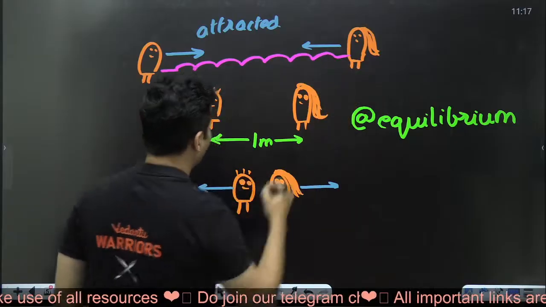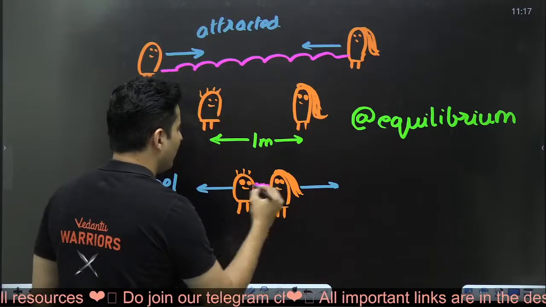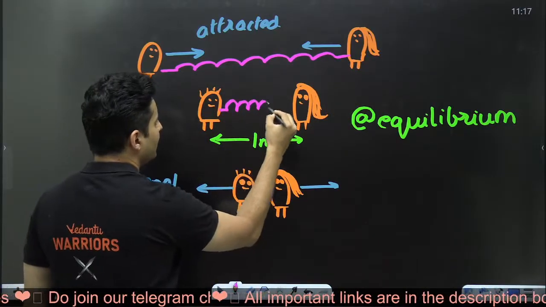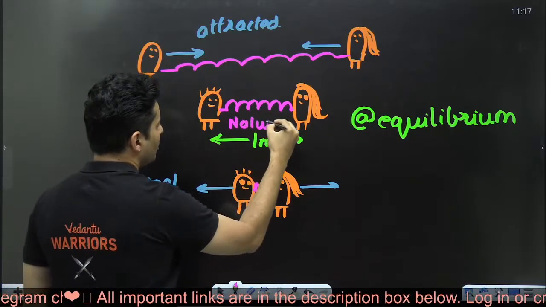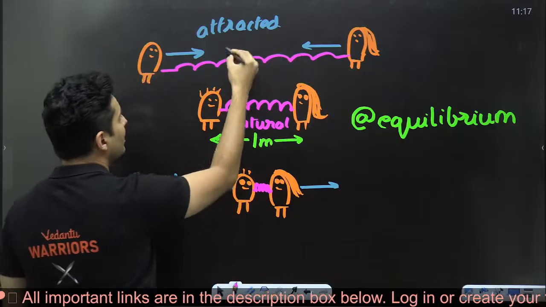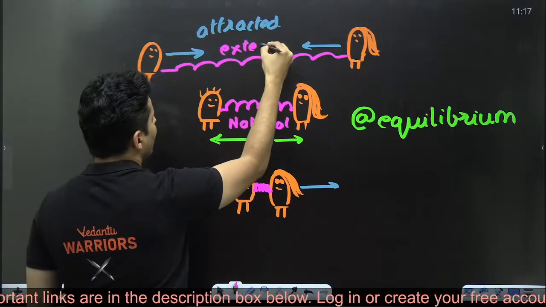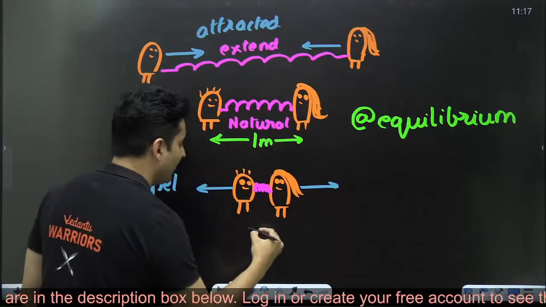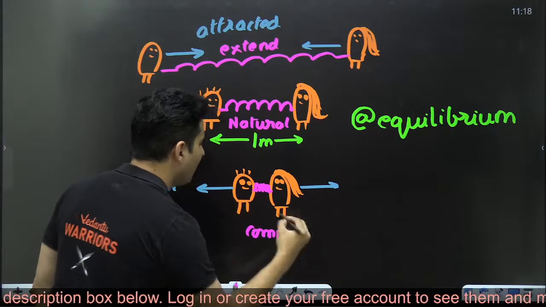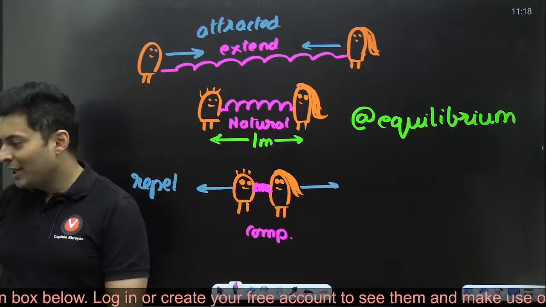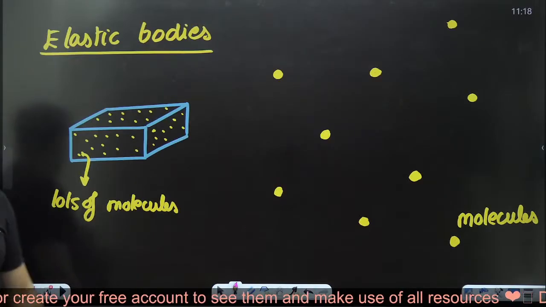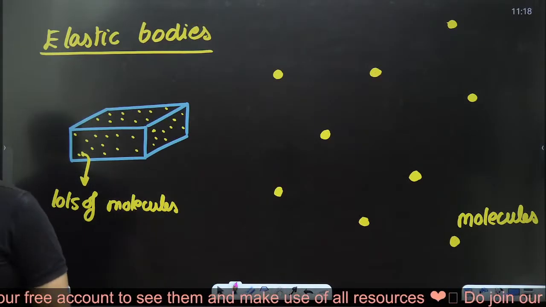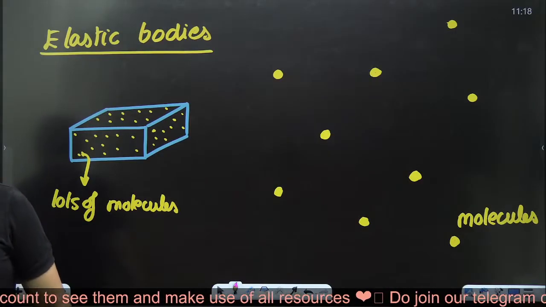Here the spring is elongated, here the spring is compressed, and here the spring is at its natural length. That sensation you are getting, it feels as if it is extended here, and compressed here. Isn't that right? This is exactly what the molecules of a solid also feel like. They feel the spring-like forces between them.